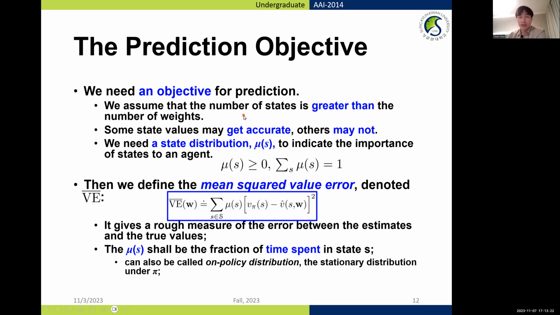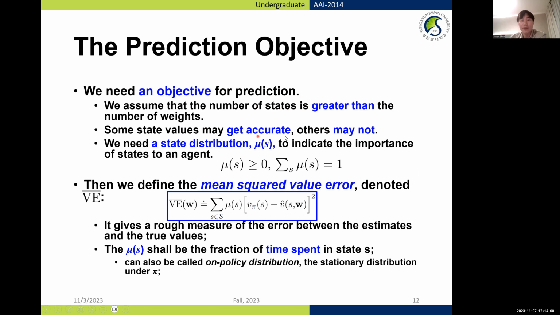One reason we introduce approximation methods is that the state space is huge, so we cannot just calculate the state values. With the number of states greater than the number of weights, we can reduce the calculation and the representation space.